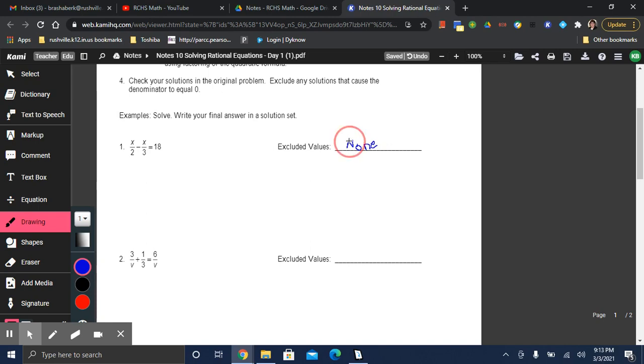All answers will be acceptable. And this is because we have no variables in the denominator. So since we have no variables in the denominator, we don't have to worry about having a 0 in the denominator.